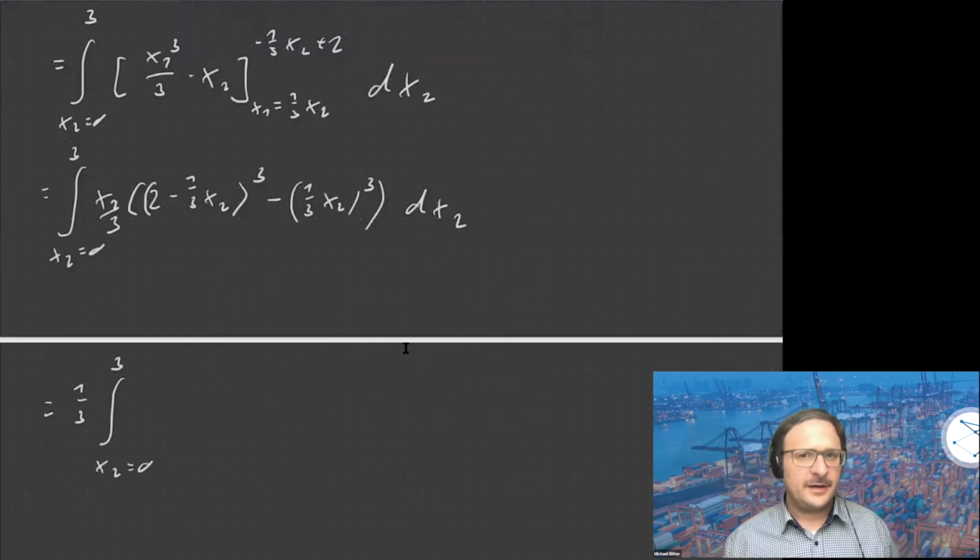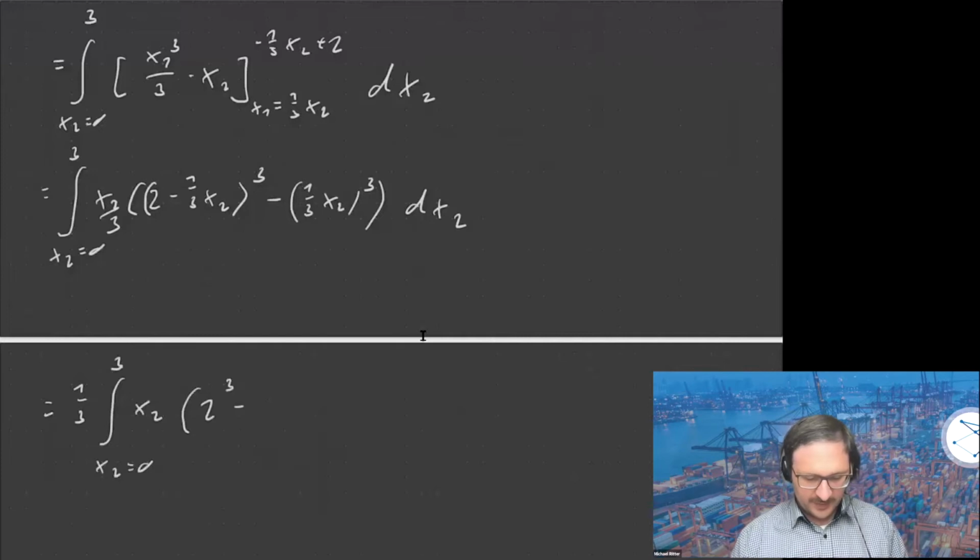And then let's see if we can simplify this expression a little before we do the integration. We have this x2 here. And here we have this to the power of 3. So, well, basically we need to compute that. So what we get here is 2 to the power of 3 minus 3 times 2 to the power of 2 times 1/3 x2.